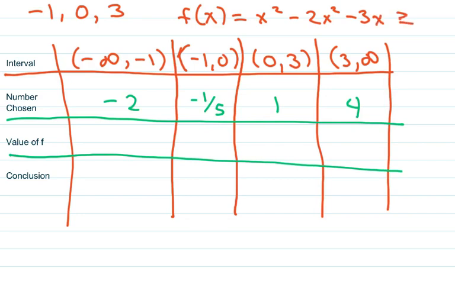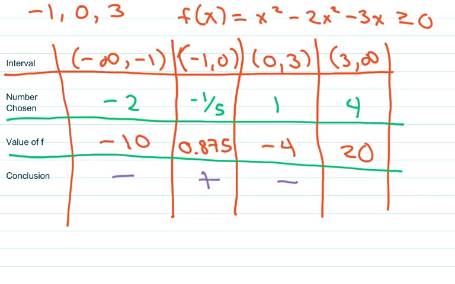And again, we want this to be positive. So when you plug in negative 2, you get negative 10. Negative 1/2 is going to be 0.875. Negative 4. And then 20. We want the positive numbers. Well, this one's negative, positive, negative, positive. So we want the positive. So this would be the positive, and this would be the positive.